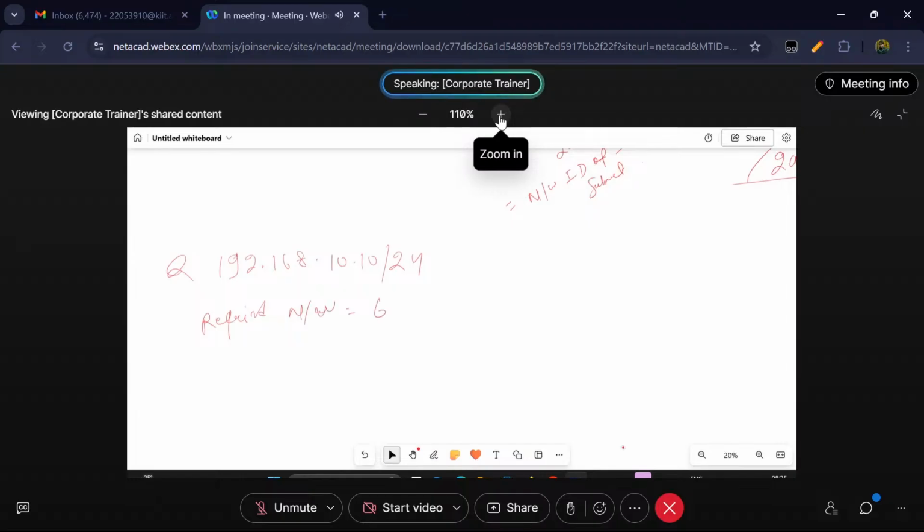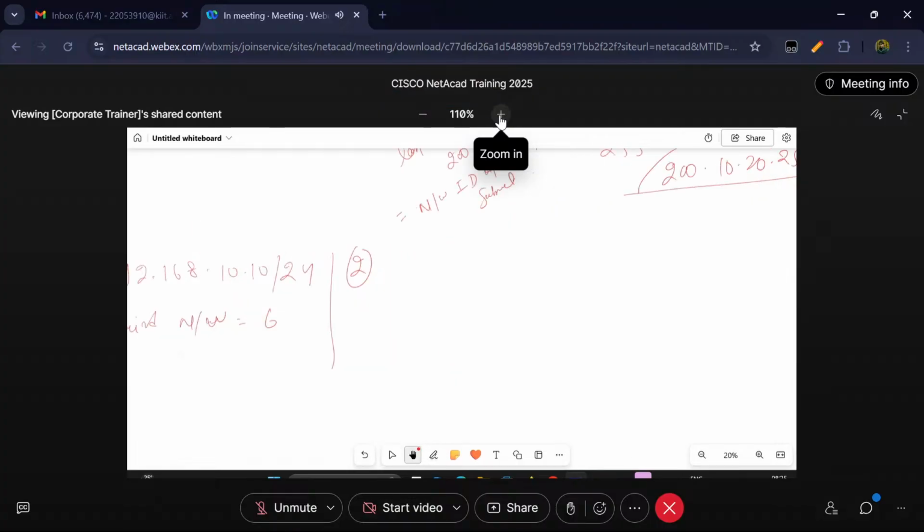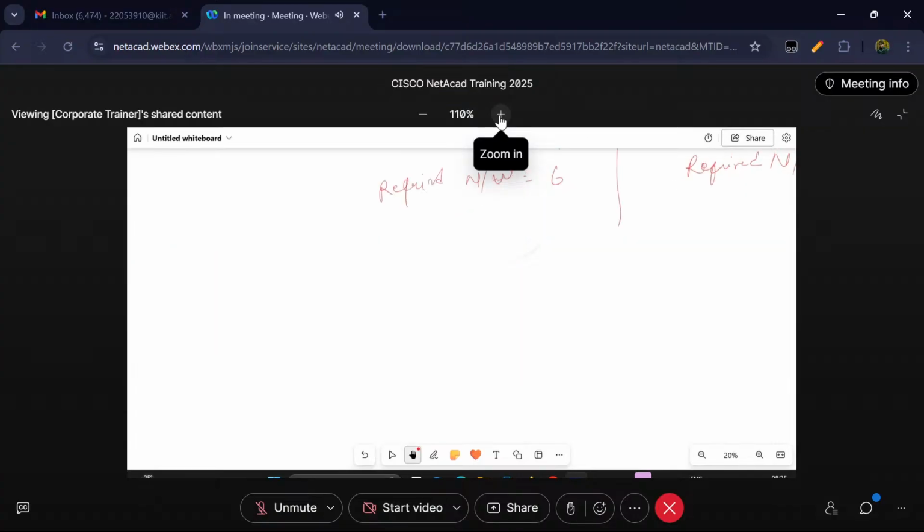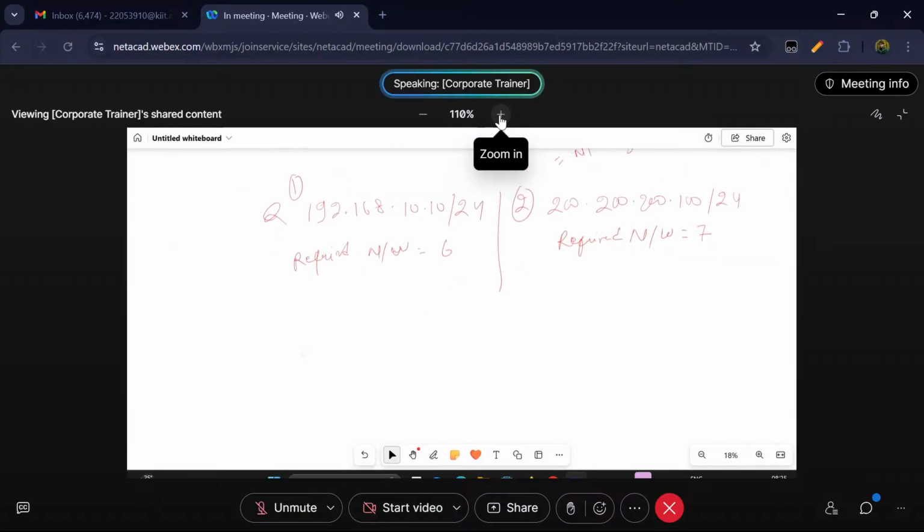Here 6 networks are required in the first question. Write the second question: 200.200.100/24. Required network is 7. On that basis, you will do the subnetting. And one more question, you can write it down.